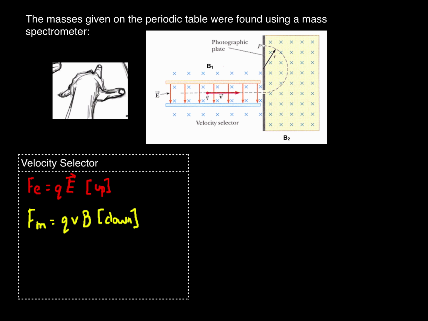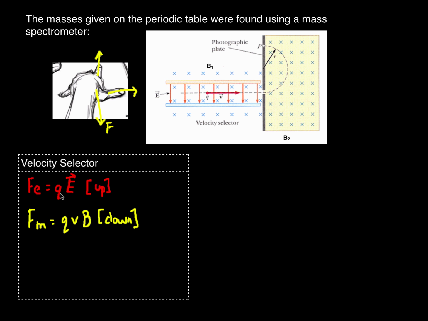We can find the direction of this force using our hand rule. For a negative charge, we point the thumb of our left hand in the direction of the particle's velocity, we point our fingers in the direction of the magnetic field, and our palm points down to show the direction of the force.